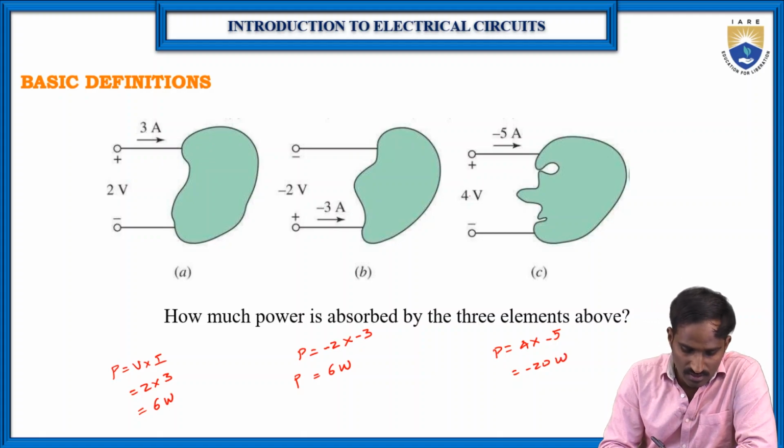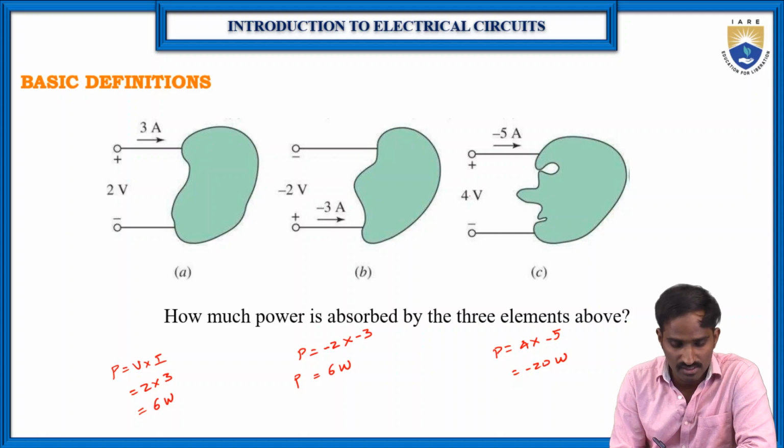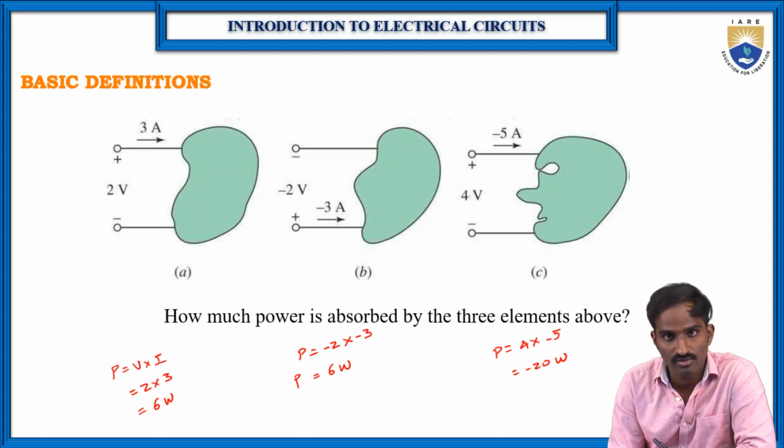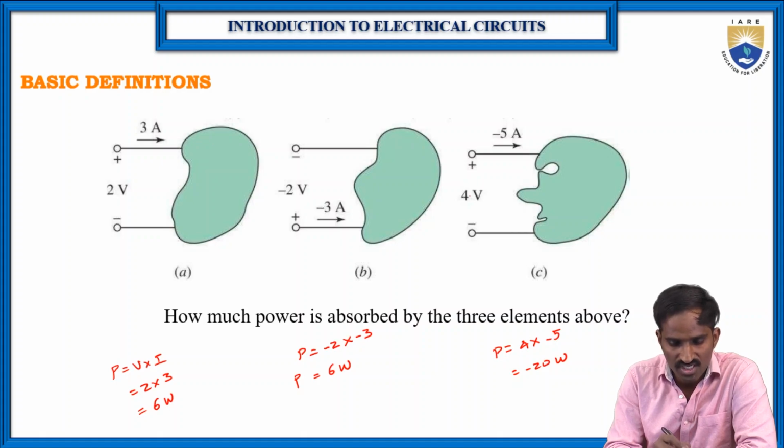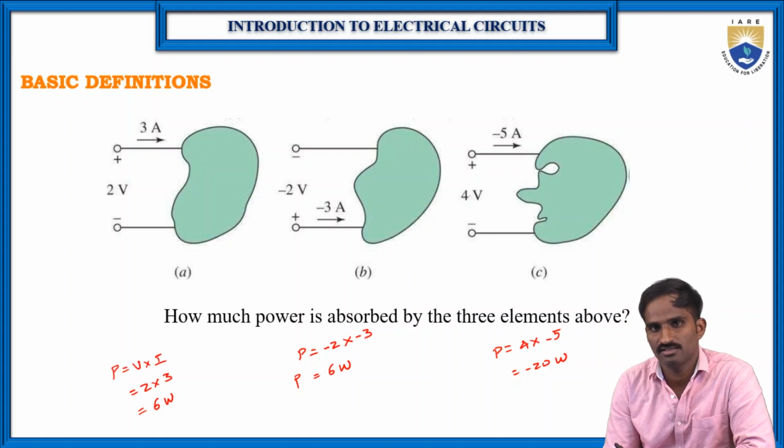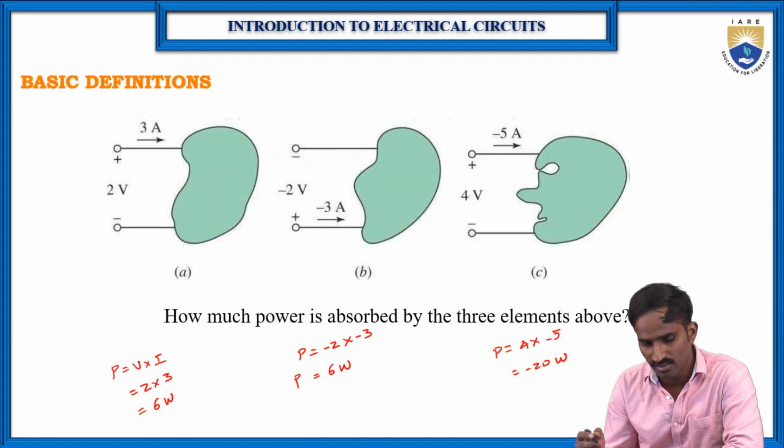This shows the polarity of the power, whether it is positive or negative. Positive power means the element is absorbing the energy, and negative power means the element is supplying the energy. That is the difference between positive and negative power.